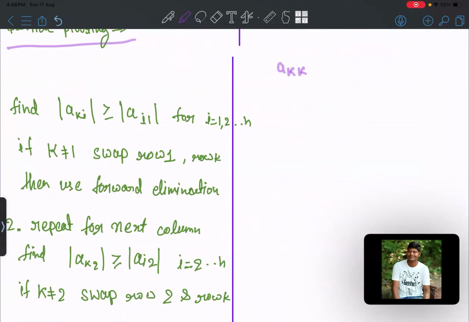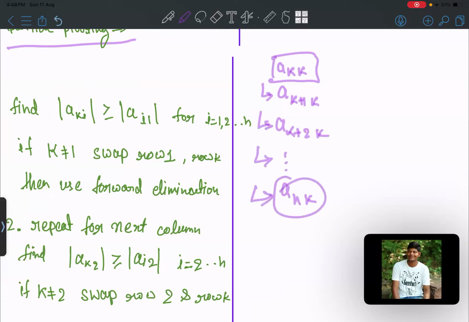In partial pivoting, we make sure the elements below it in the kth column, k plus 1, k plus 2, up to n, are checked.